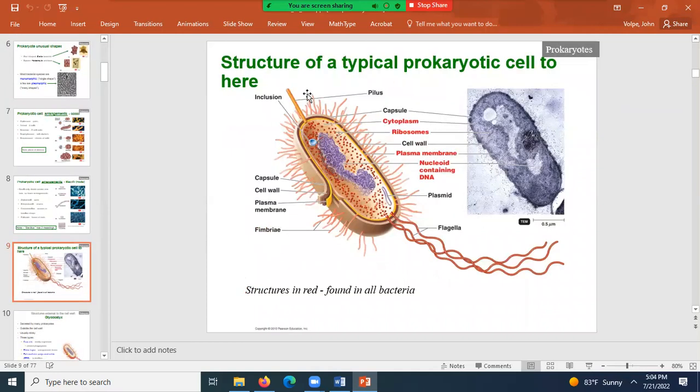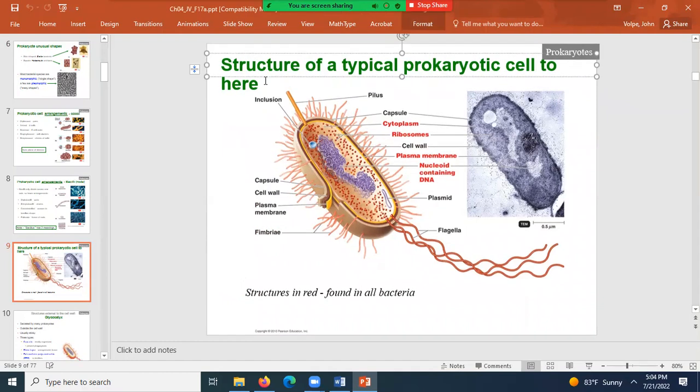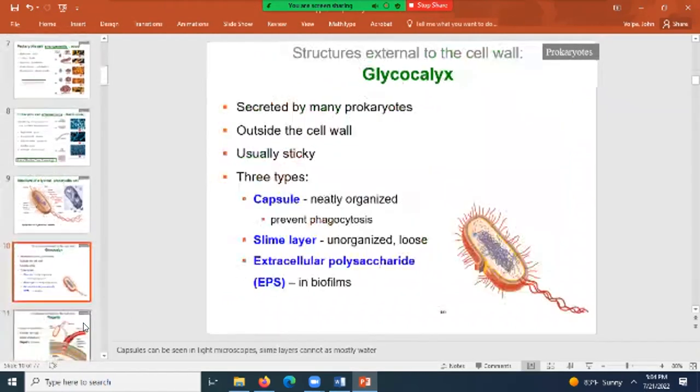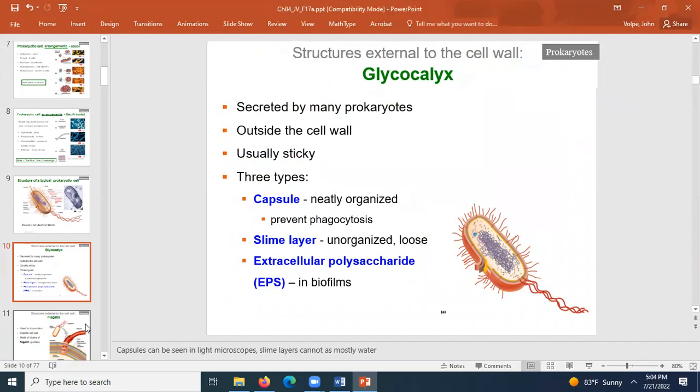All right, we had talked about the different structures you can find in the prokaryotic cell. Any questions about any of that? If not, let's start talking about the different structures of prokaryotes. Some prokaryotes have a glycocalyx, which is secreted from the cell.